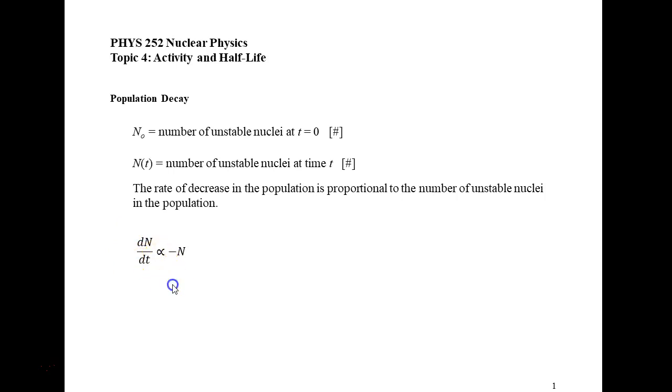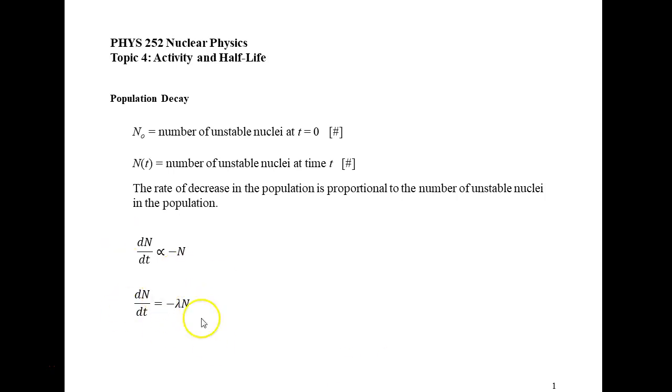I need a proportionality constant. And in a stroke of brilliance, somebody decided let's use lambda for that. In nuclear physics, at least in this context, lambda is not wavelength, it's what we call the decay constant.